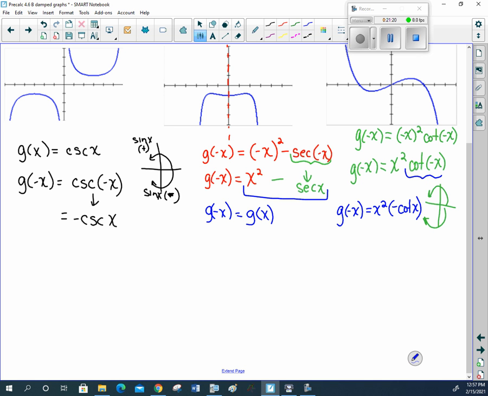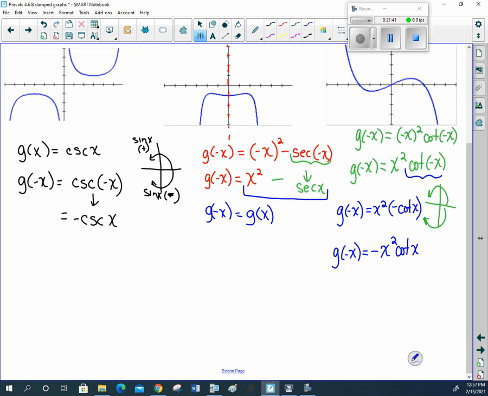We want that x to be a positive variable right there. And this is all multiplying, so this is going to be a negative x squared times cotangent of x.